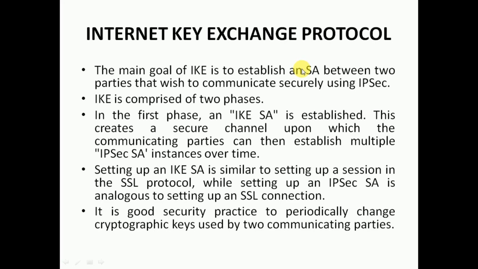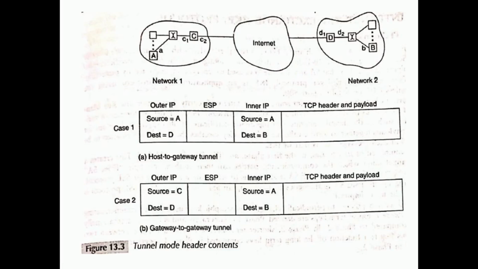Suppose the security policy dictates that a packet entering network 2 should authenticate itself to the incoming gateway D, then A could tunnel its packet to B inside a packet to D. The IP or IPsec headers generated by A are shown in the figure.